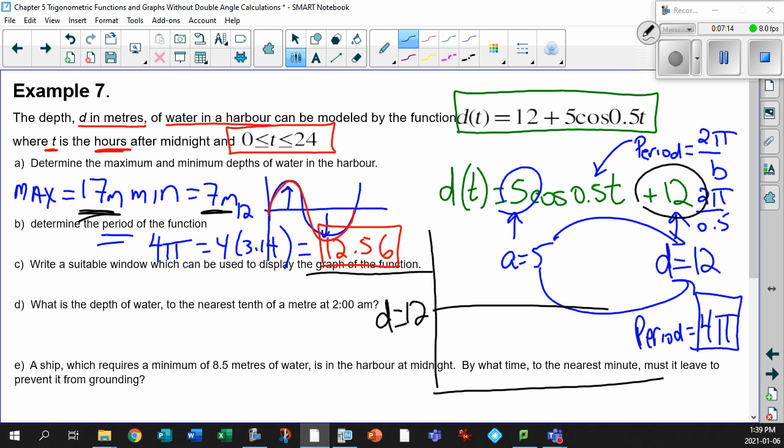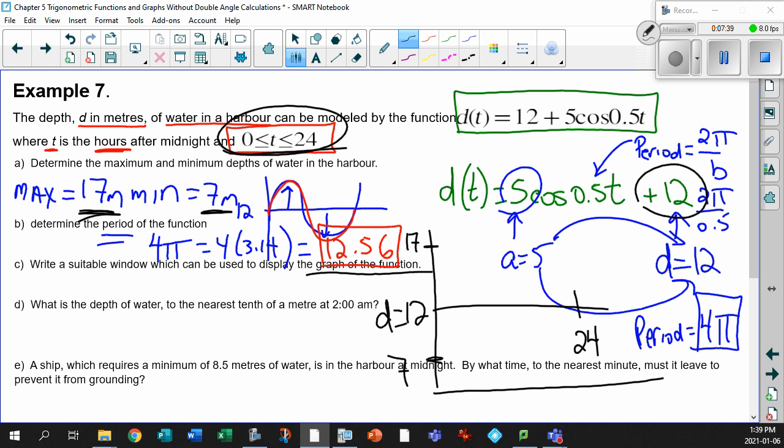You're going to have your maximum up here at 17 and your minimum down here at 7. That makes a lot more sense to me. Okay, so you know that this thing's going to cycle this way. What else are you going to do? You're going to put down your domain restriction up to 24 hours. See how that works? Very simple.